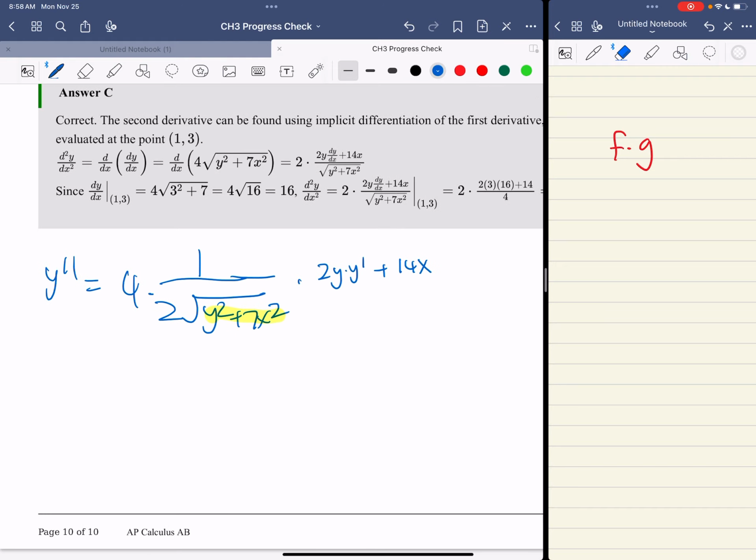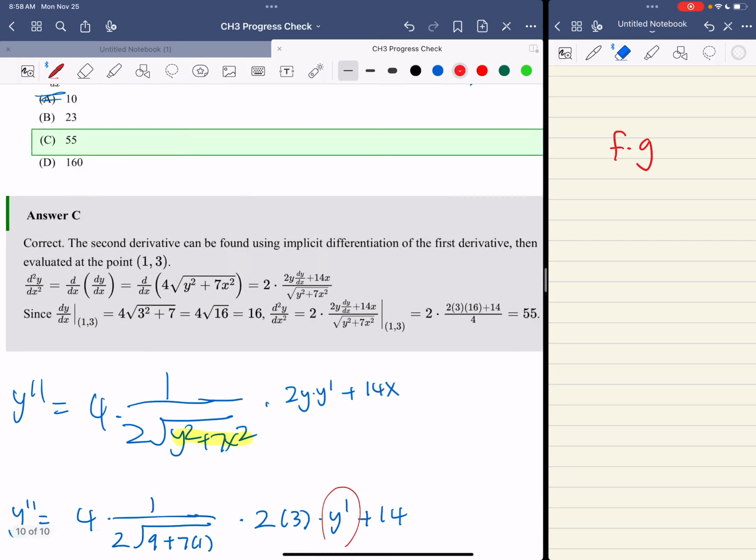Let's do this. So 4 times 1 over 2 square root of... instead of y, I'm going to plug in 3. So it's 3 squared, which is 9, plus 7 times 1 squared, which is 7, times 2 times 3 times y prime plus 14, because that's 1.